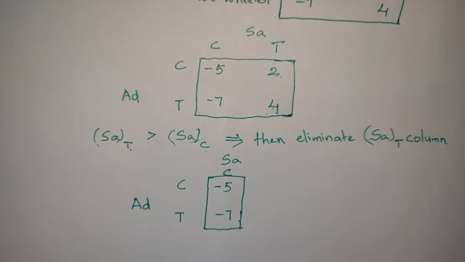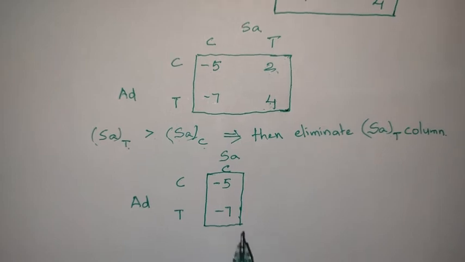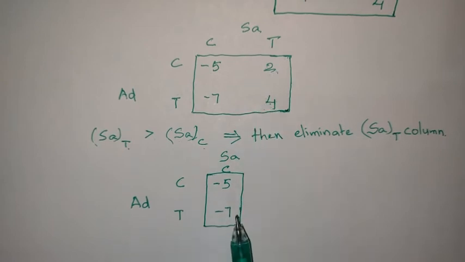But for rows, it is completely opposite. When row values are higher, we need to keep that row, and whichever row values are lower, we need to eliminate that row. So let us see that also. Now this is the reduced matrix. Now 2 by 2 gets converted into 2 by 1, right?